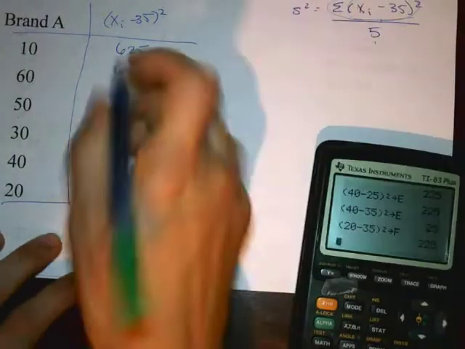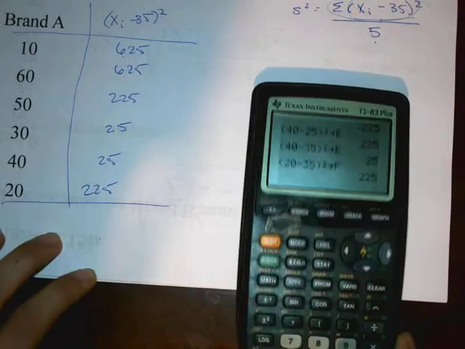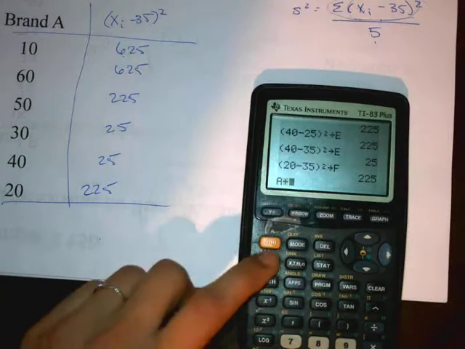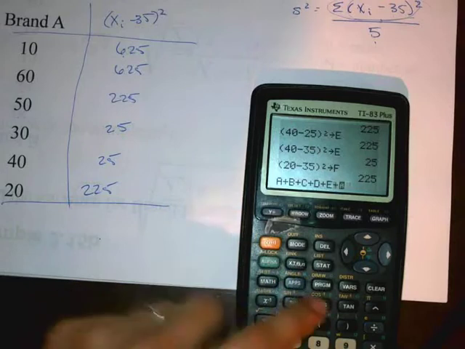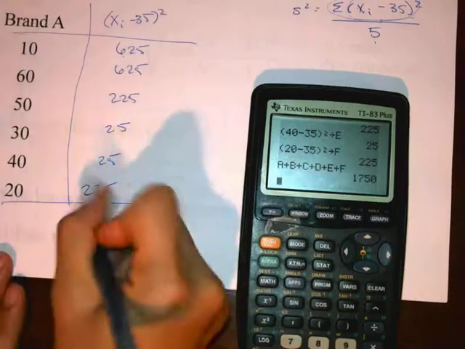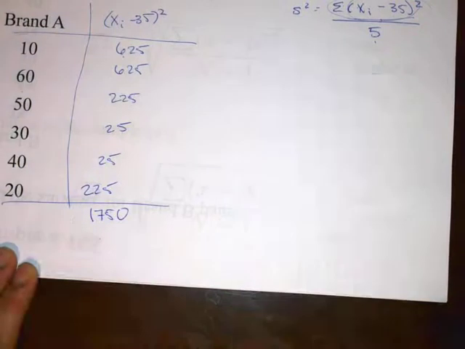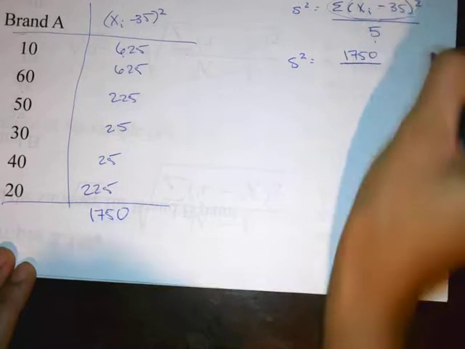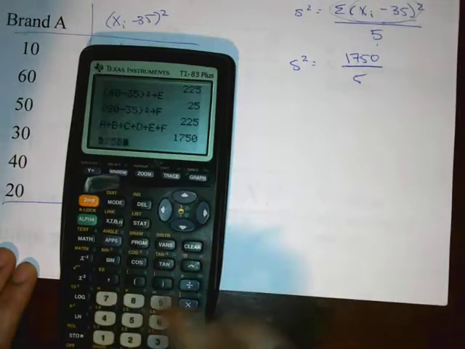Okay, so in the end, I'm going to find the sum of all of these, the numerator of my formula, by adding all these numbers together. You can type them as numbers, but since I put them in as letters, I'm going to go A plus B plus C plus D, E, 1750. So that's the numerator. So we have that S squared is 1750 divided by 5.